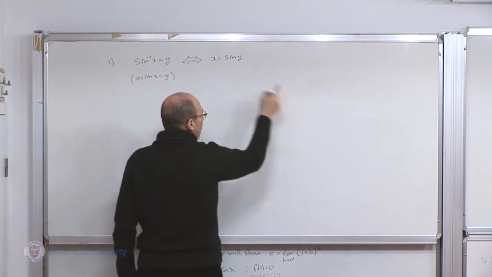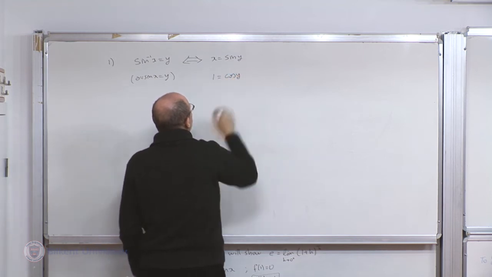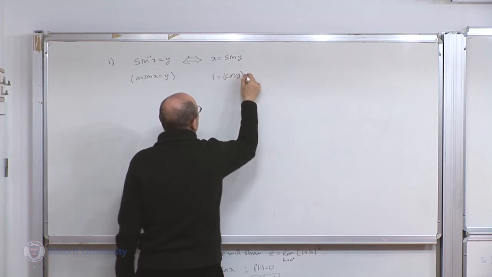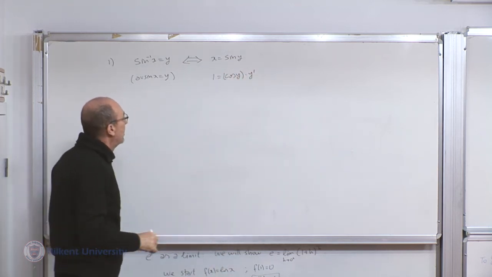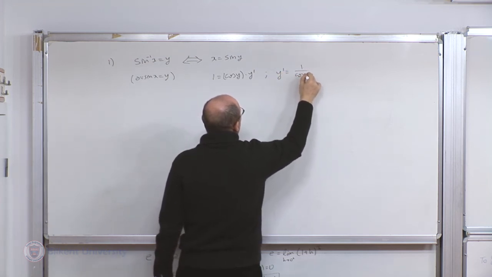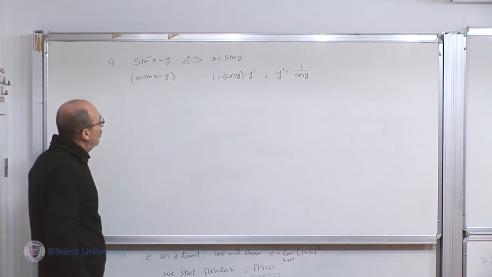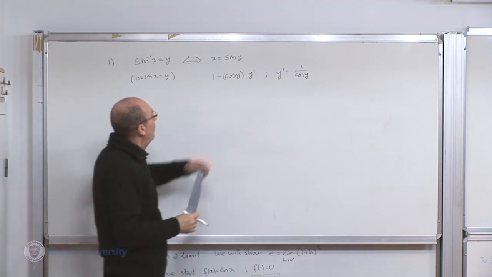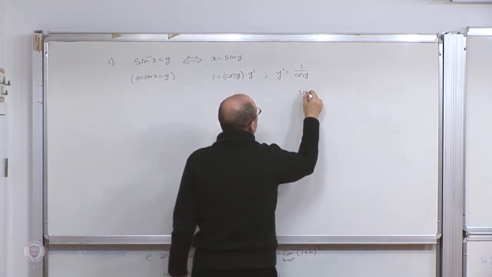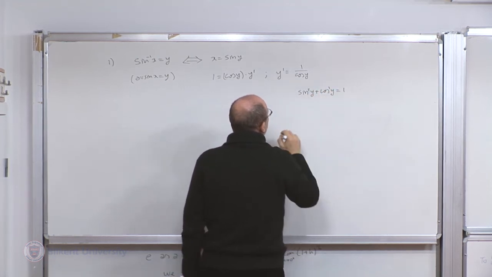Now we take the derivative. As we did here, 1 is equal to cosine y times y prime. So y prime is equal to 1 over cosine y. So how do I write cosine y in terms of x? I know sine y. Here I have sine squared y plus cosine squared y is equal to 1.